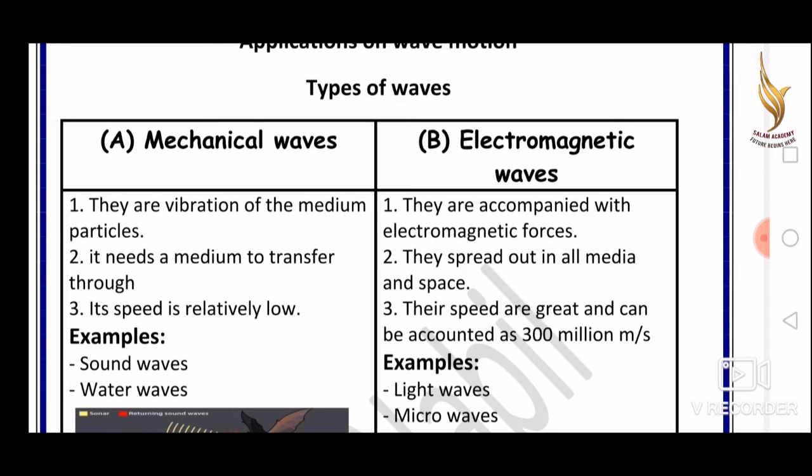To understand what is meant by each of them, we take some examples. For example, we receive sunlight. Sunlight reaches the Earth's surface. Why? Because light is from electromagnetic waves.